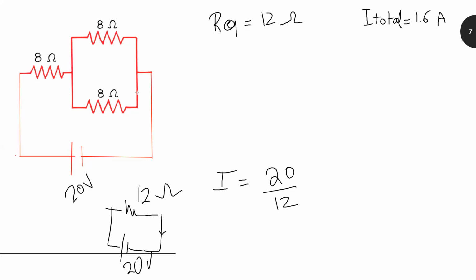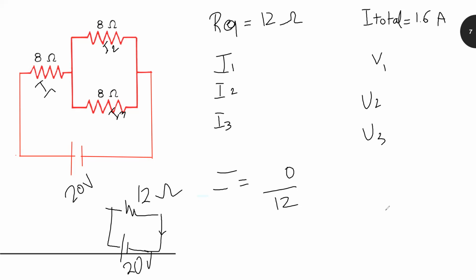Now, I want you to find I1, I2, and I3. Here we have I1, here we have I2, and here we have I3. And I want you to find V1, V2 and V3. For this one, this is a combination. So you cannot say, teacher, since they are in series, all the current will be the same. No, here this is different.